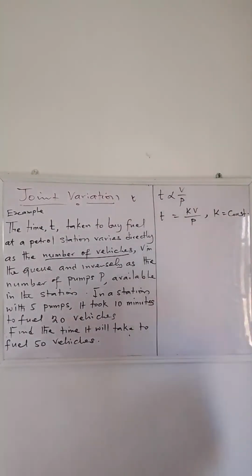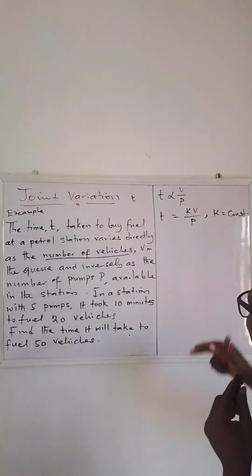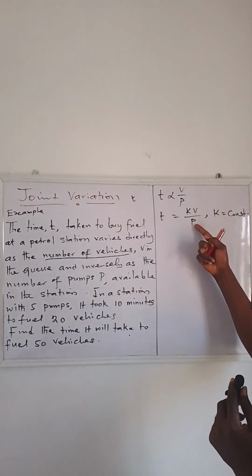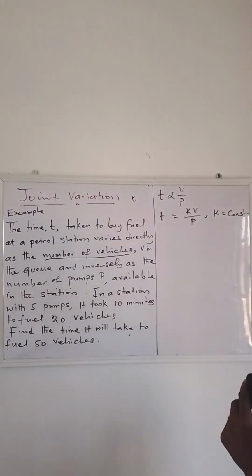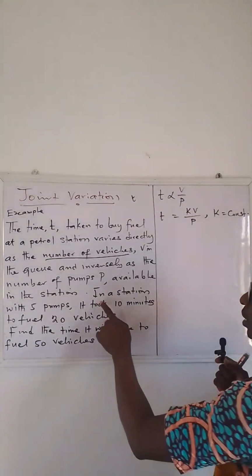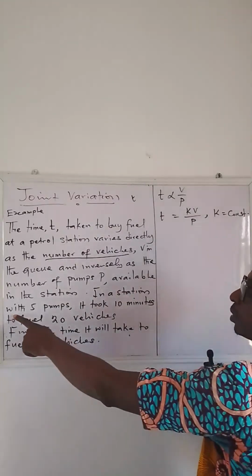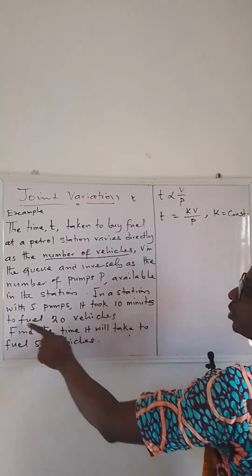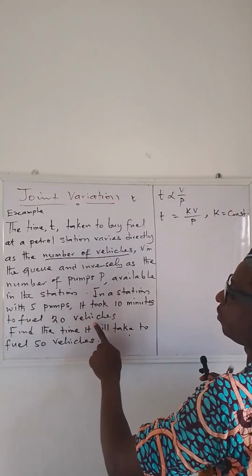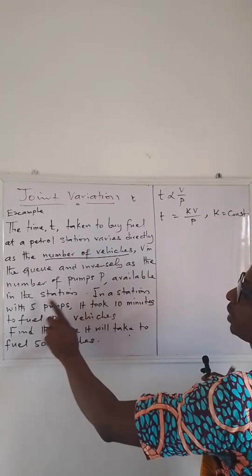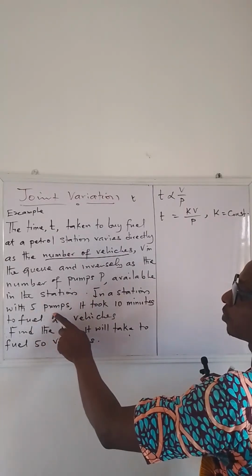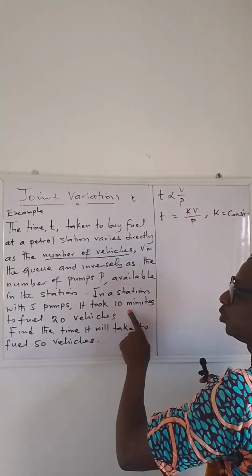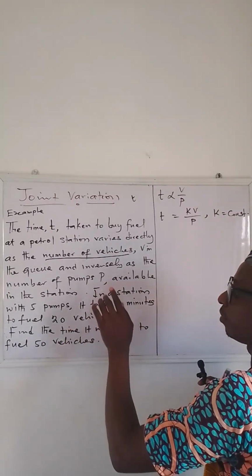All right. So the next thing is to get the proportionality constant. We have to look for the values of T, V, and P in the question. In a station with 5 pumps, it took 10 minutes to fuel 20 vehicles. That is, when the number of pumps is 5, 10 minutes is used to fuel 20 vehicles.